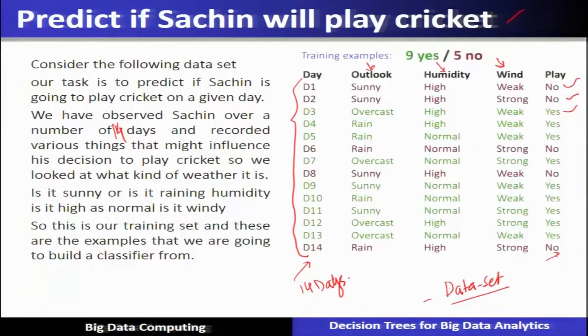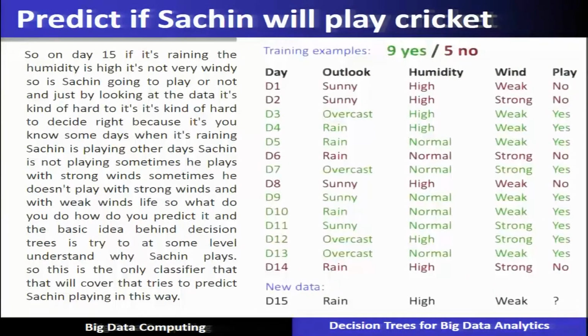Now, this data set is basically the observation of the last 14 days, so that becomes the training set, and using these examples we can predict the decision of Sachin whether he will play the game or not. So the query will be: on the 15th day, if the outlook is raining, humidity is high, and wind is weak, will Sachin play or not?